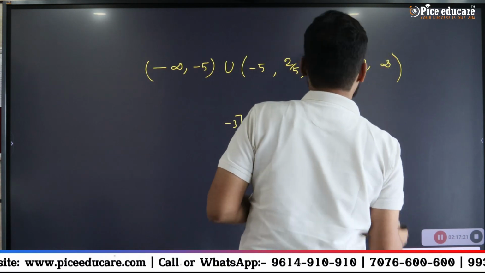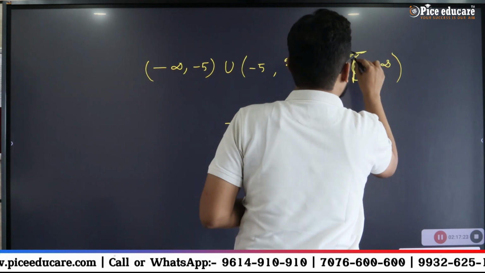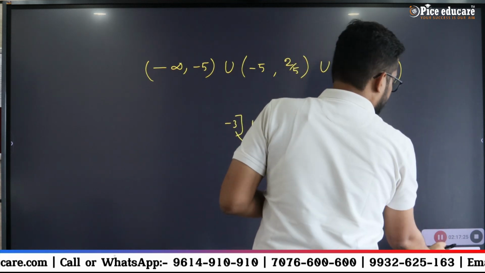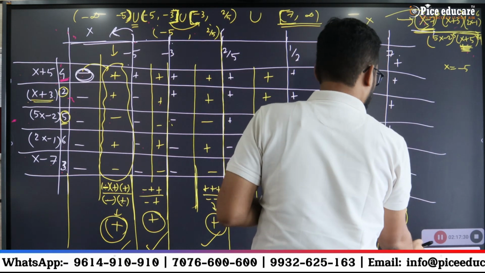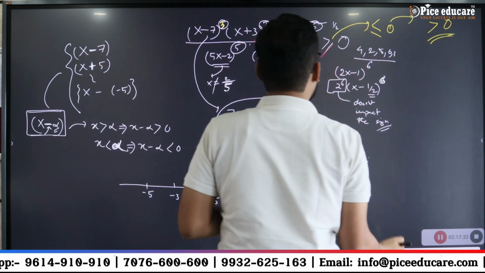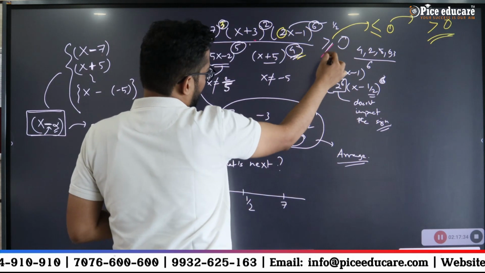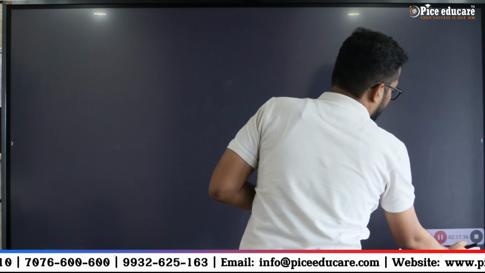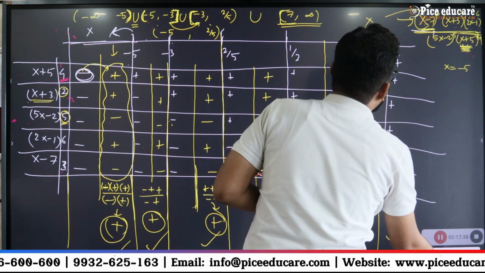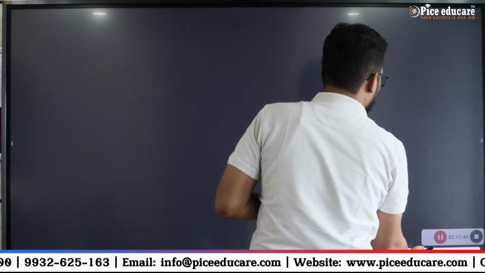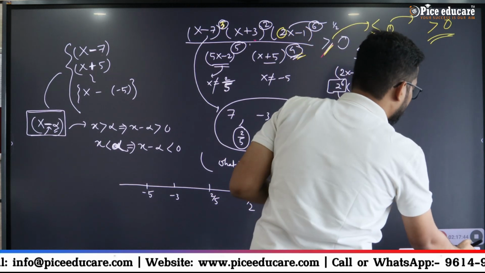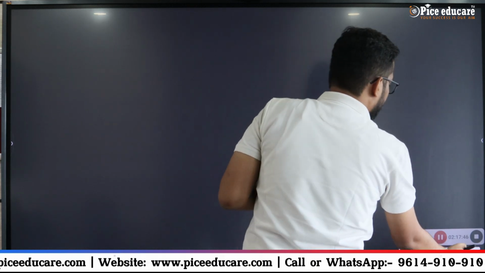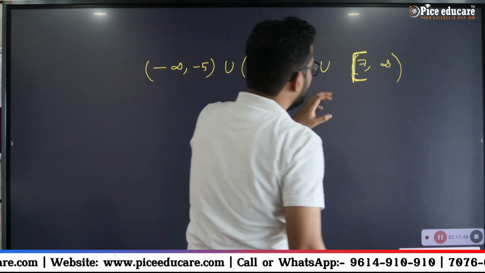Let me change the answer, because there is nothing stopping x from being 7, since the original problem is that this quantity is bigger than or equal to 0. If I just remove the equality and say that I am talking about strictly bigger than 0, then maybe my answer needs to change.